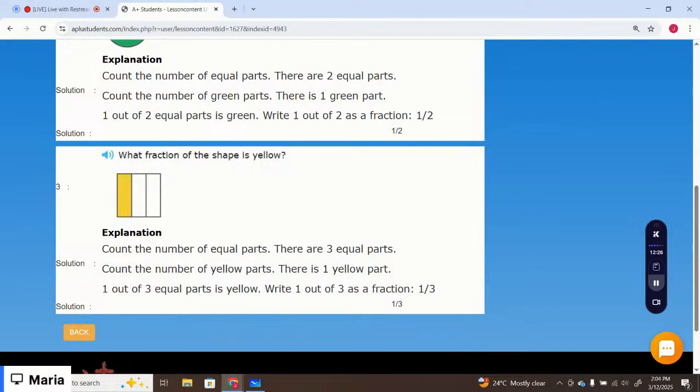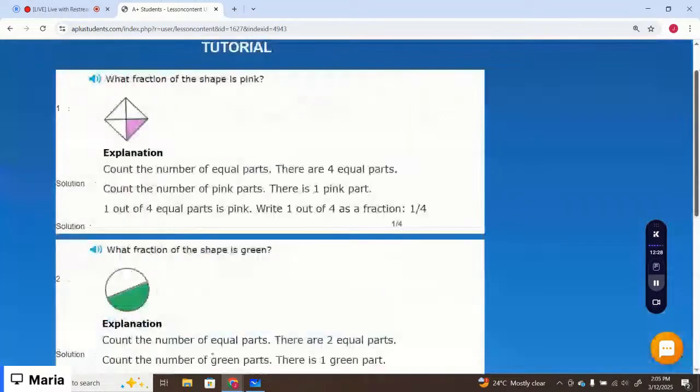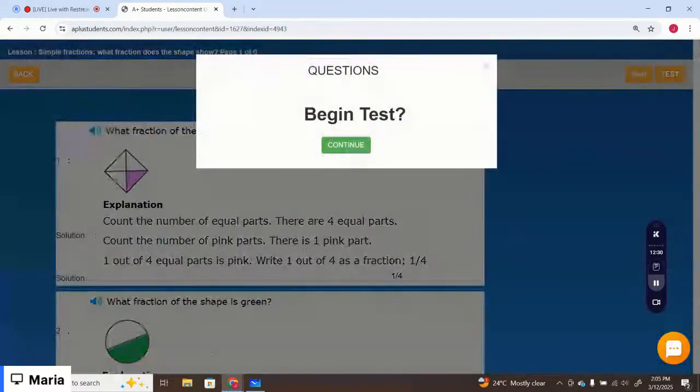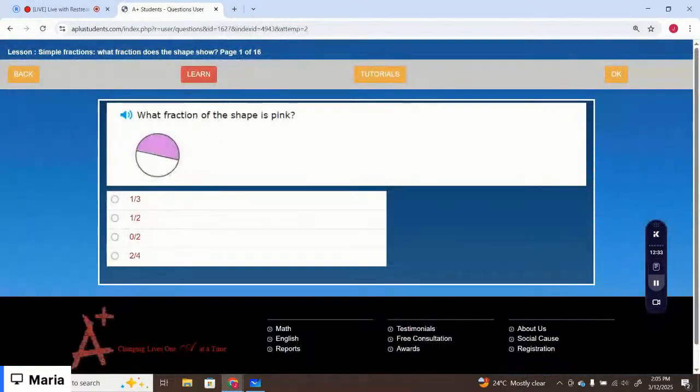That's how you write the fraction. Let's just start with the test questions.